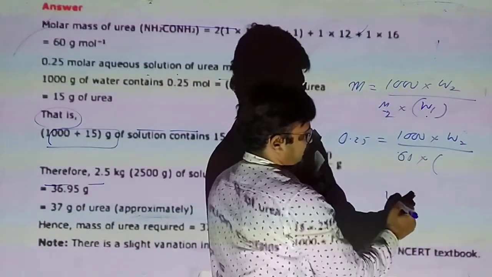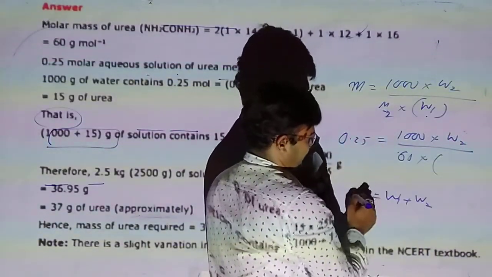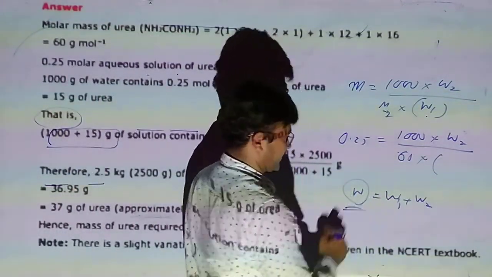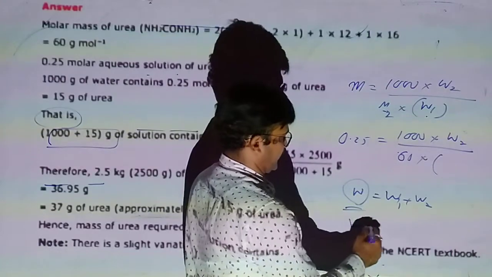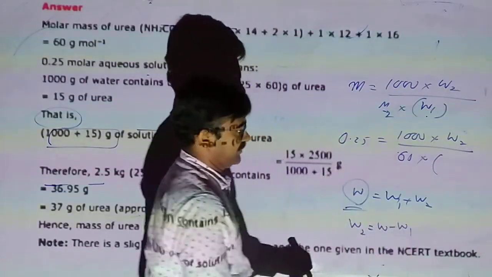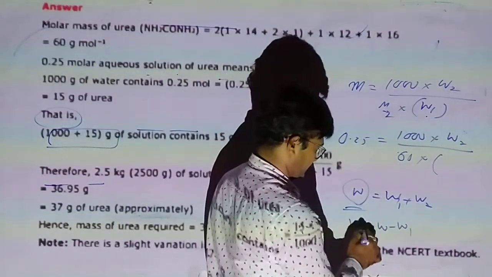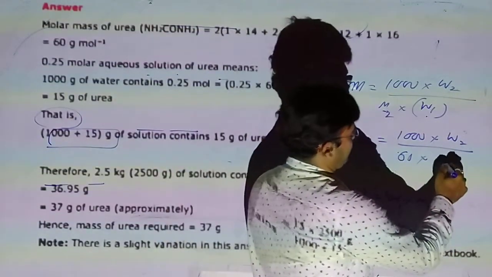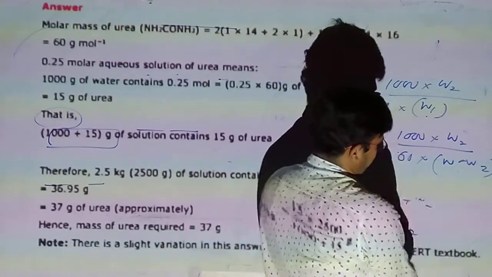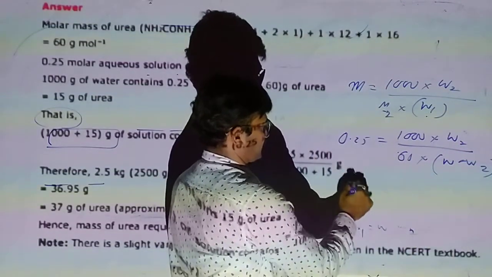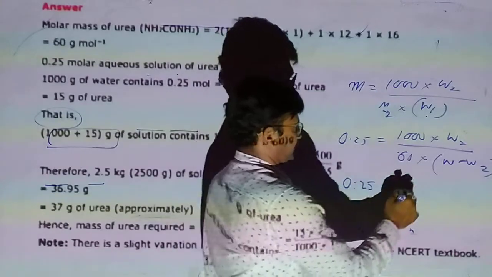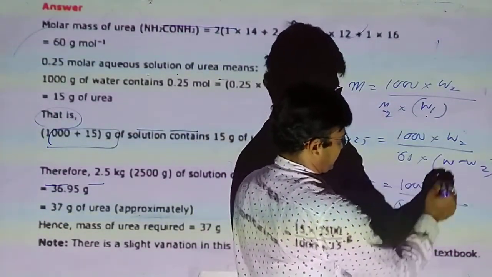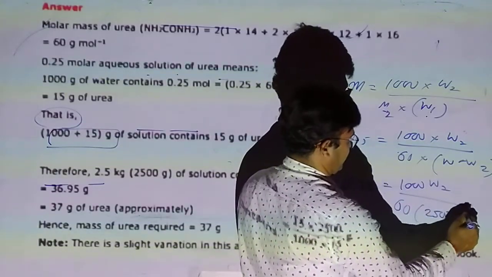W1 plus W2 is equal to W, the mass of solution. So W1 will be W minus W2. Here W means mass of solution. So 0.25 is equal to 1000 W2 upon 60 into W1. W is given, 2500.